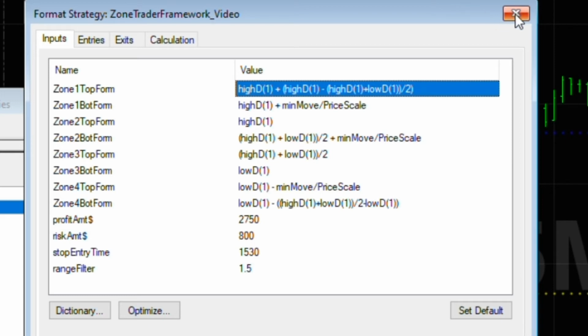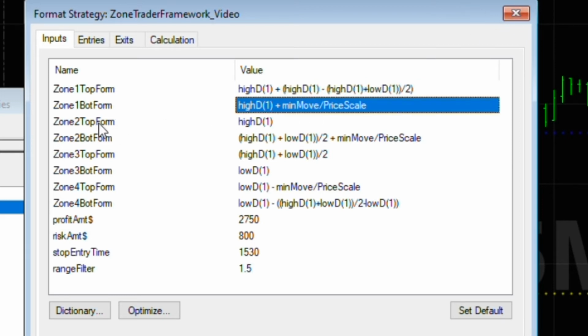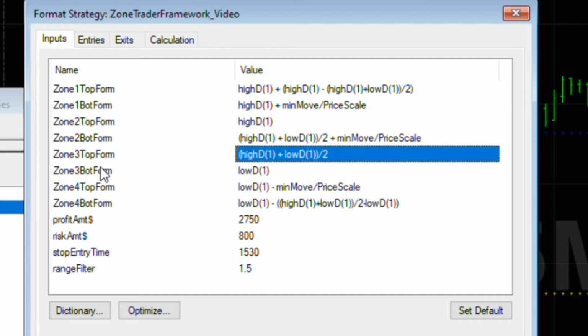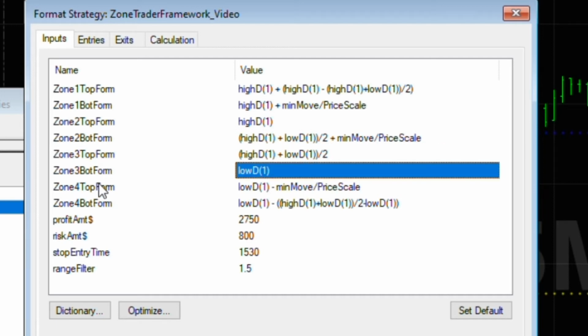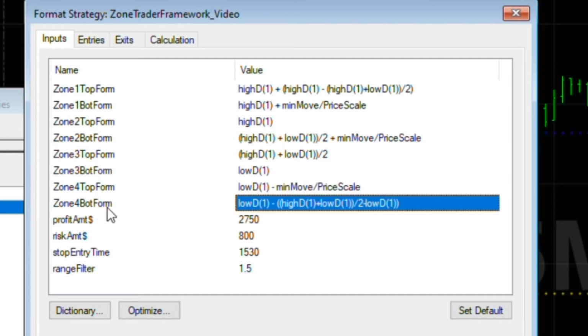So every zone, and I have a zone 1 bottom, a zone 2 top, zone 2 bottom, zone 3 top, zone 3 bottom, zone 4 top, zone 4 bottom. And these are all formulas that you can create your own formulas for by going in there and just inputting the actual EasyLanguage right into the inputs, which makes it real easy.